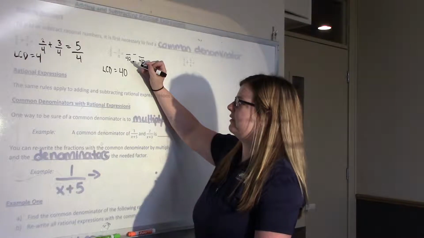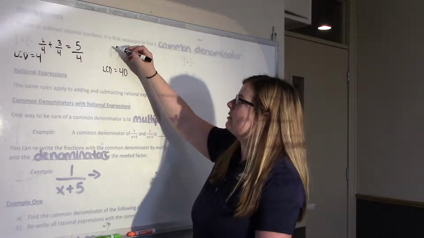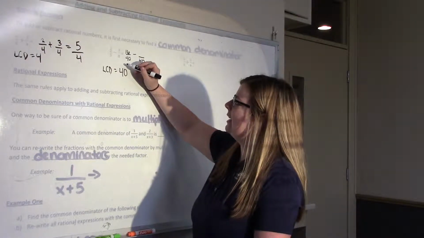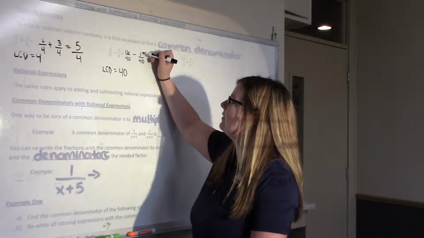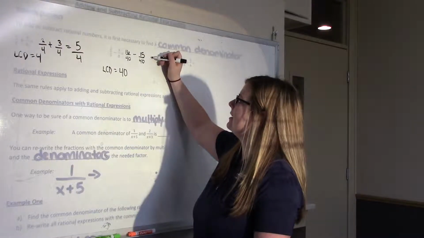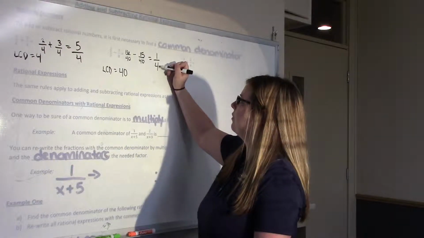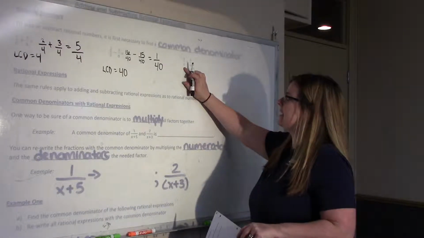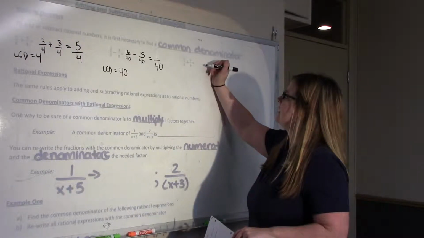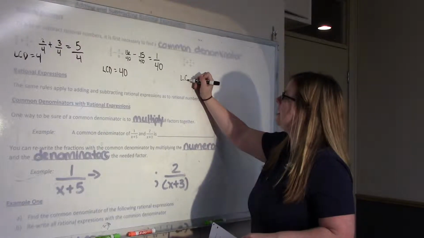Now to get from 5 to 40, I multiplied by 8. So 2 times 8 is 16. And 8 to 40, I multiplied by 5. So 3 times 5 is 15. So 16 minus 15 is 1/40.